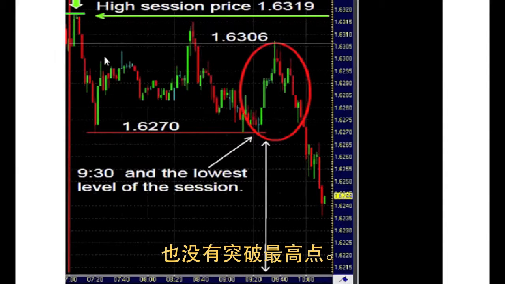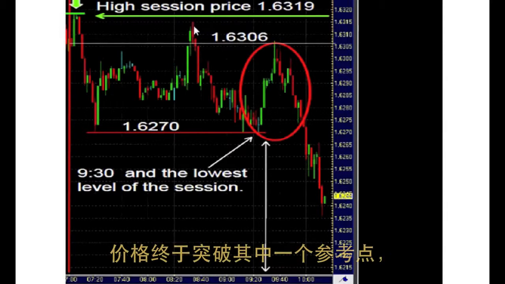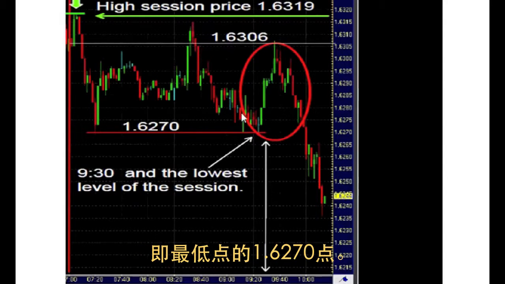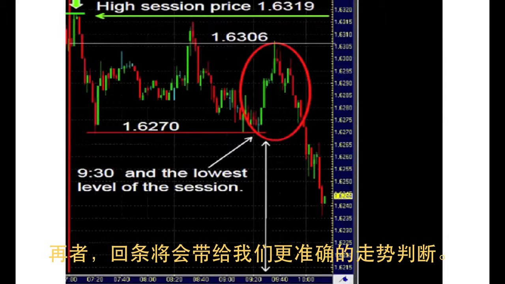The price movement started going back towards the middle ground, eventually looking to move higher, but it did not break the session high. Eventually, it did come back down past 9:30 in the morning to break the lowest level of 162.70. This is what we look for in order for us to determine the trend in the market, or to give us a better idea of the market's direction.